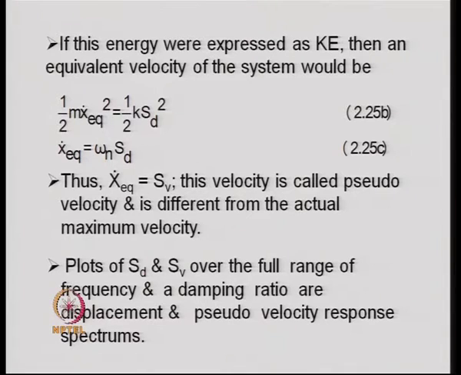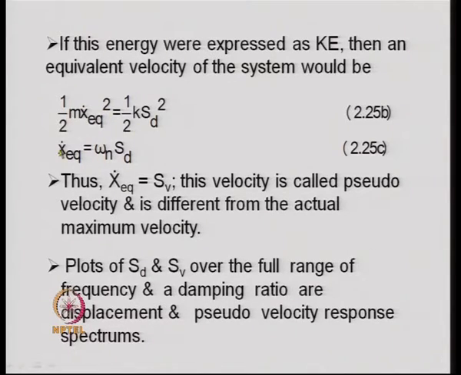Now, if we say that we want to express this energy as an equivalent velocity of the system, then the equivalent velocity for the system can be obtained by equating this energy with half m v square, where v is the equivalent velocity.